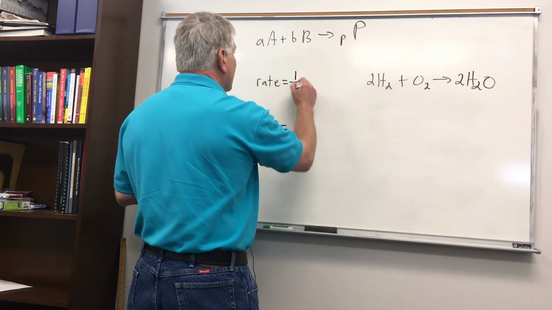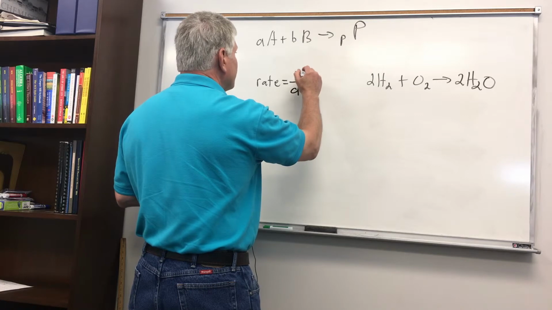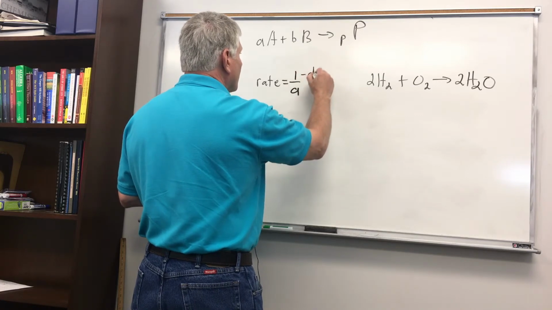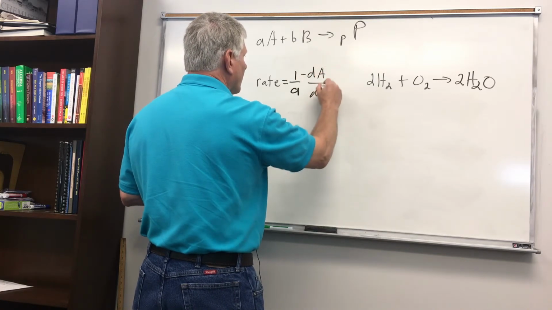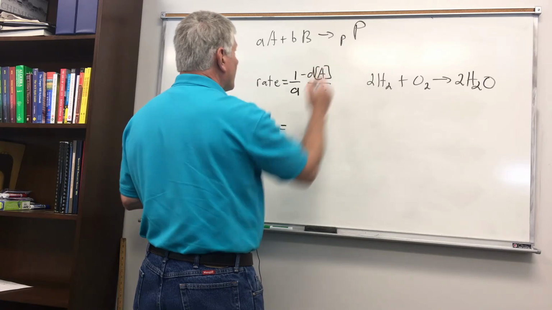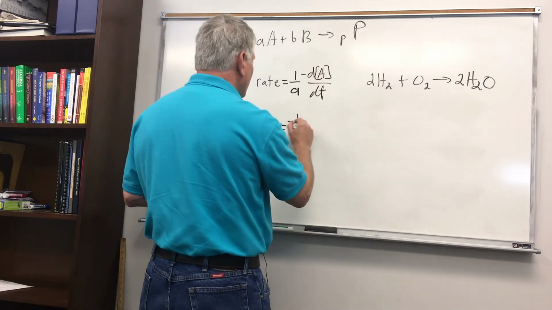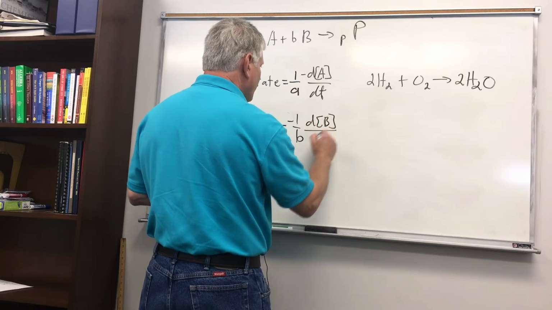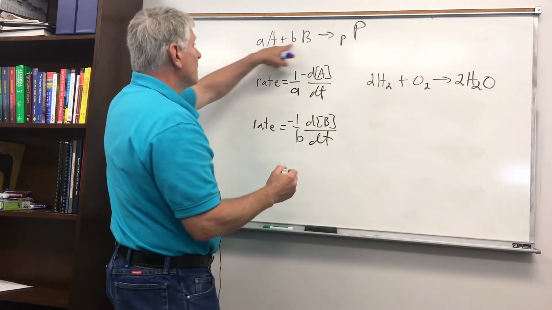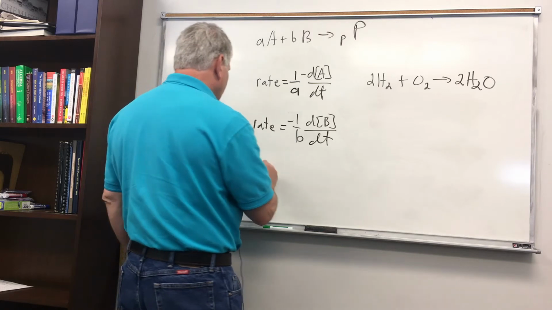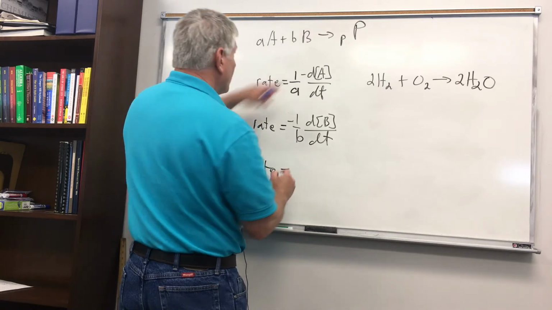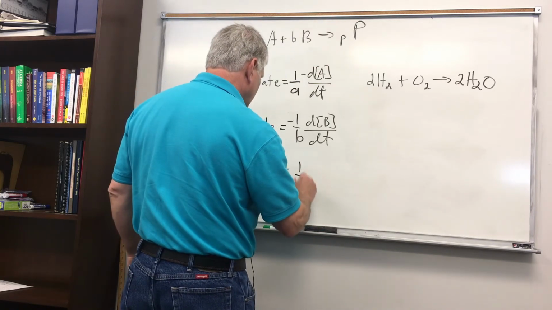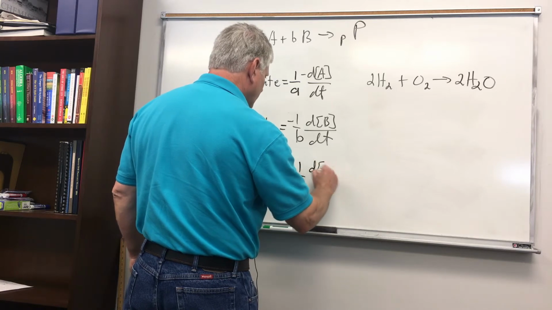So we'll divide by 1 over a and we'll divide by 1 over b for reactants, and we'll divide by 1 over p for the products.